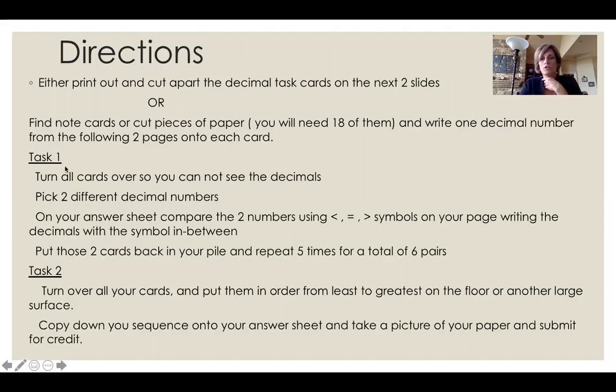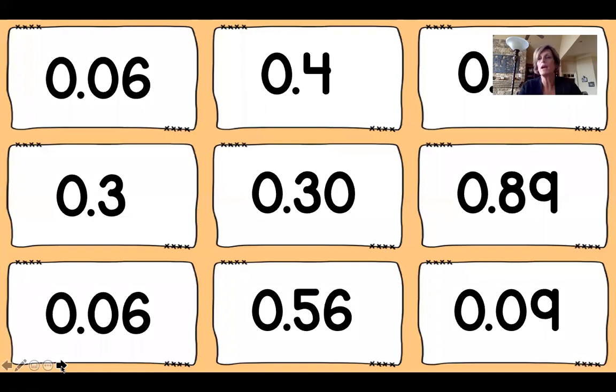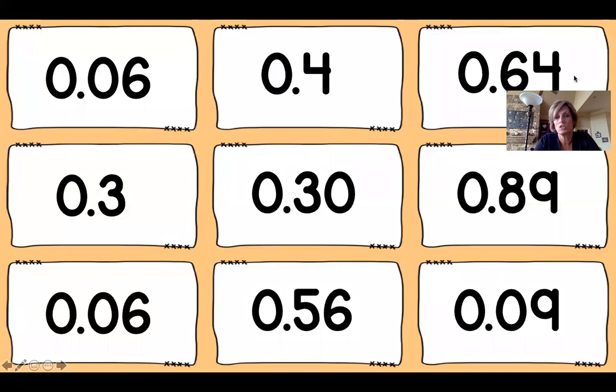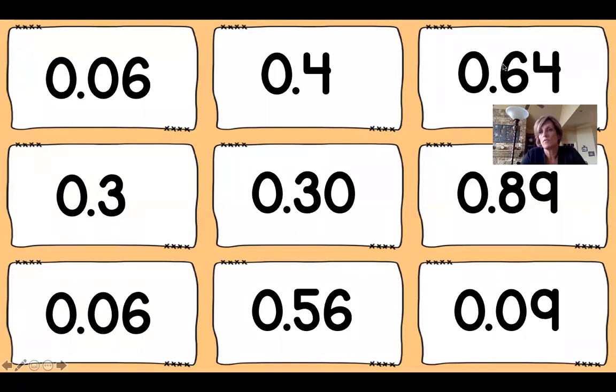And then you have 2 different tasks that you need to do with those cards. So the first task tells you you have to turn all the cards over so you can't see the decimals, and then you pick 2 of them. When you pick those 2, you're going to compare the 2 that you picked. So let's say, just looking at this page, that I picked 64 hundredths and 3/10. I would write down 3/10 and 64 hundredths on a piece of paper, whatever I decided to use as my answer sheet.